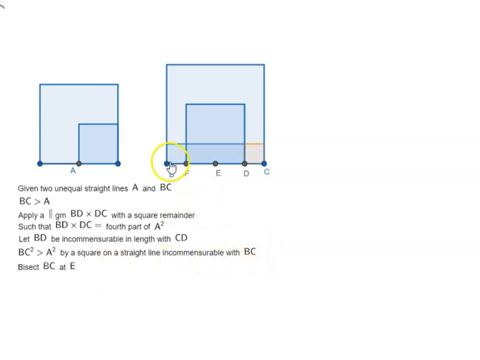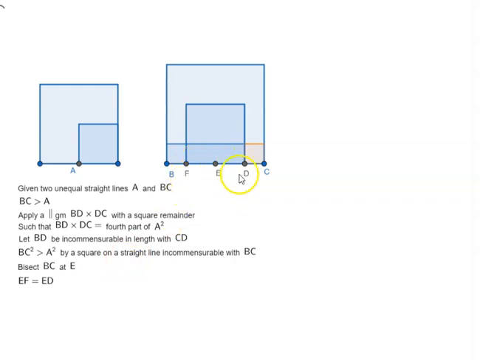Now we bisect BC at E and we take a point F such that EF is equal to ED. We know how to do that, right? Draw a circle with the center at E and radius ED and take the opposite intersection to D. So EF is equal to ED.